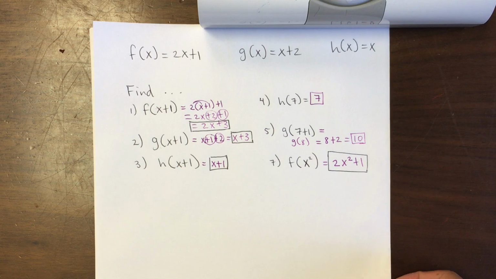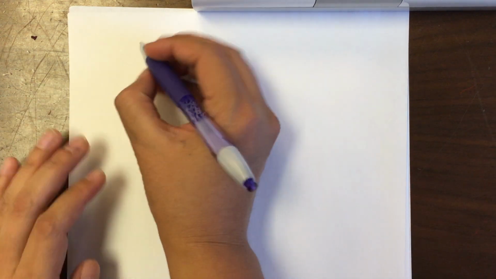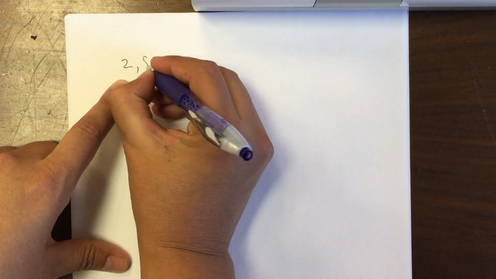Now let's start with a scenario. Let's say that we have 2 rabbits. And then in a month, you have 8 rabbits.